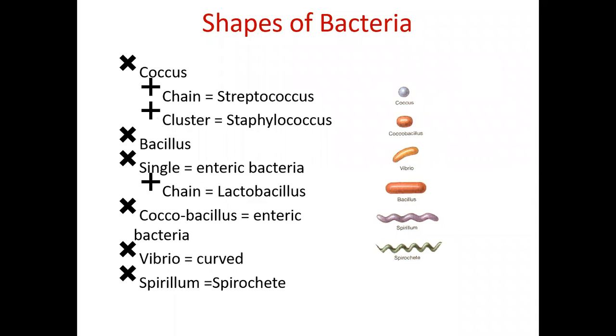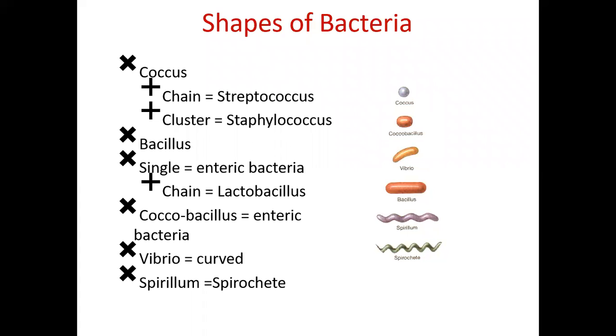Bacteria may be spherical, called coccus, or rod-shaped, called bacillus, or oval, called coccobacilli. Vibrio is curved. Spirillum has a spiral shape.